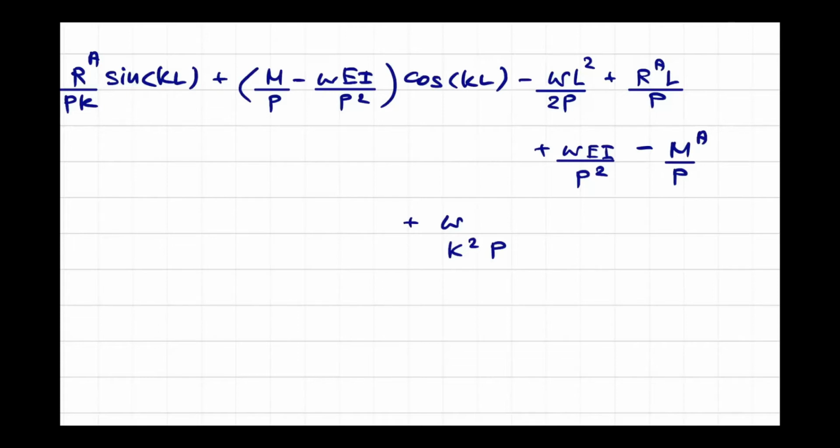Because the EI over P is equivalent to 1 over K square, so the K square is there, and leaving the K square alone is not good. The K is supposed to be with the L, so I multiply by L square up and down like that. Then that makes the WL square over P, and then 1 over KL square, right?